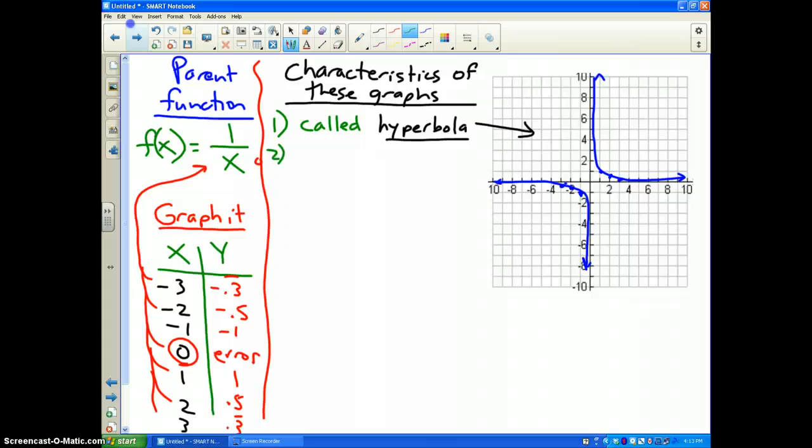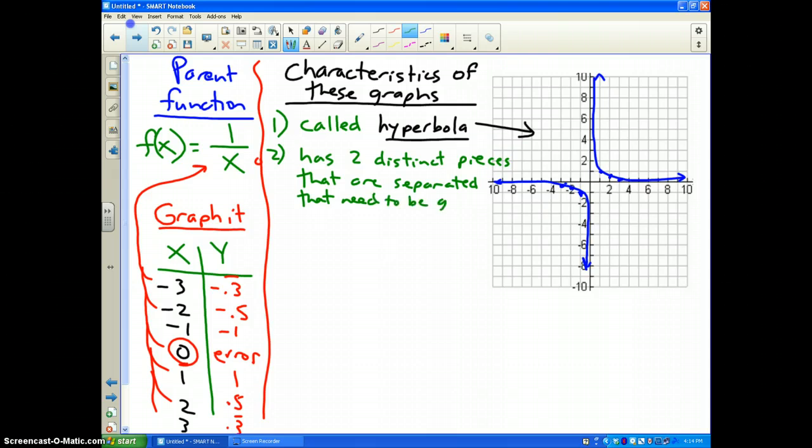Because it has two distinct pieces that are separated, that need to be graphed accurately. There's the first piece over there, and then here's the second piece right here. There are two curves on the hyperbola.